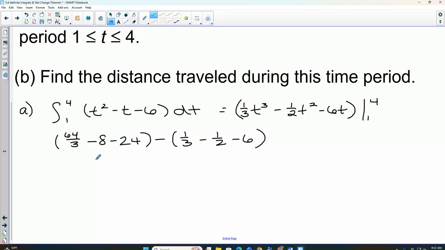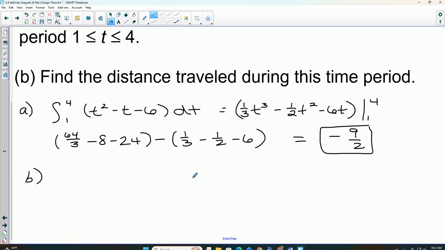I got -9/2. What does that mean in terms of my displacement? It's basically 4.5 meters behind where it started. Now, does that mean it only moved that 4.5 meters? No.